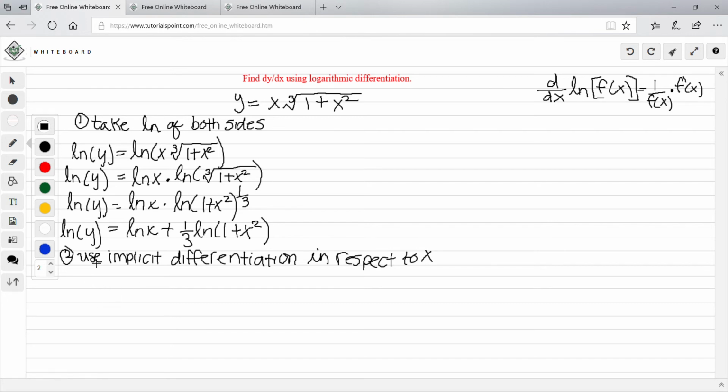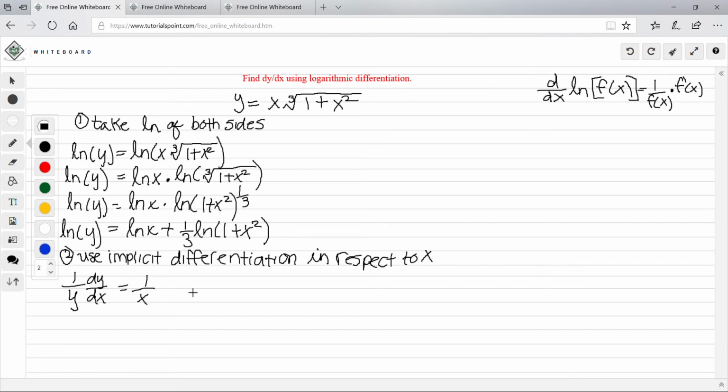So the derivative of ln of y is just 1 over y, and since there's a y, you have to add that dy/dx. The derivative of ln of x is just 1 over x. There's no y, so it's just 1 over x.